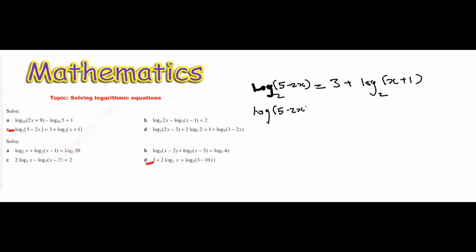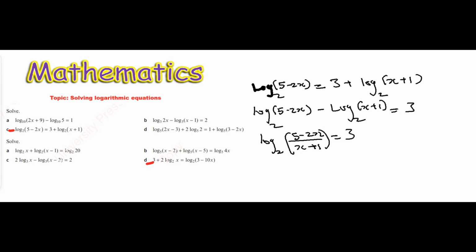Do it as if you are doing your equation. When I take that to the other side, it will give me minus log of x plus 1 equals 3. Just put your laws at the back of your mind. This is the division law because they have the same base, so I can pick the same base and subtract their powers, or divide them, because it's subtraction.